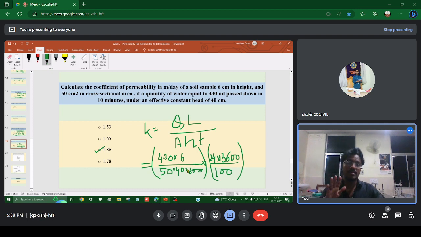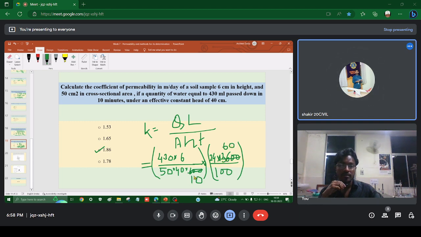The best thing is no need to convert anything to meter. Keep it in centimeter, do your numerical, and then convert everything at once. So here, 430 cc is the Q, 6 centimeter, 50 is centimeter square, 40 is in centimeter, 600 is in seconds. Even if I do it in minutes, taking 10 minutes here, I write 60 over here.